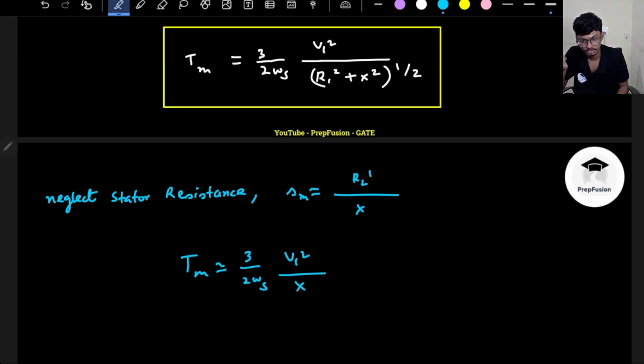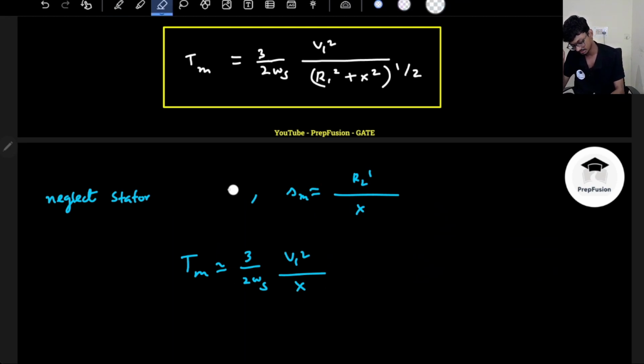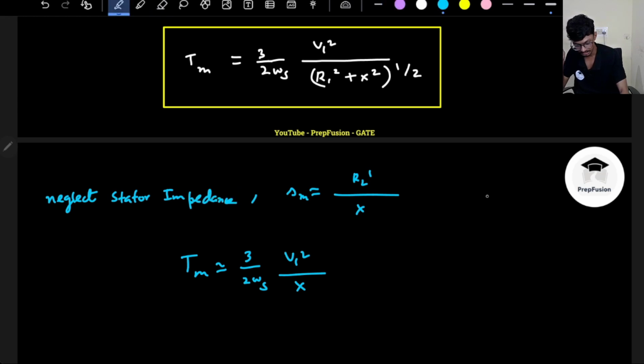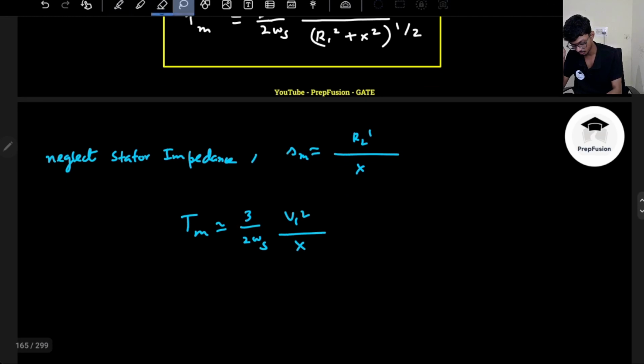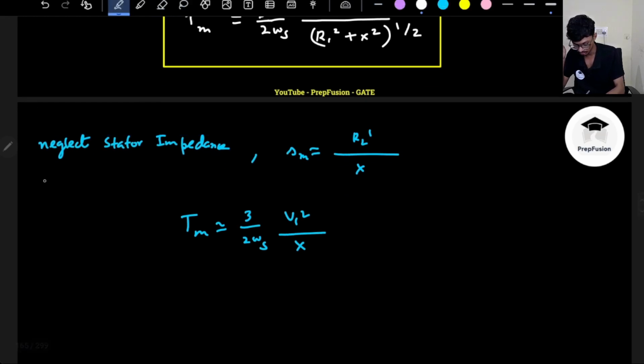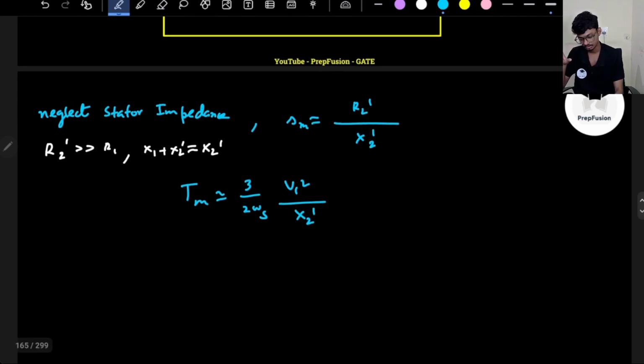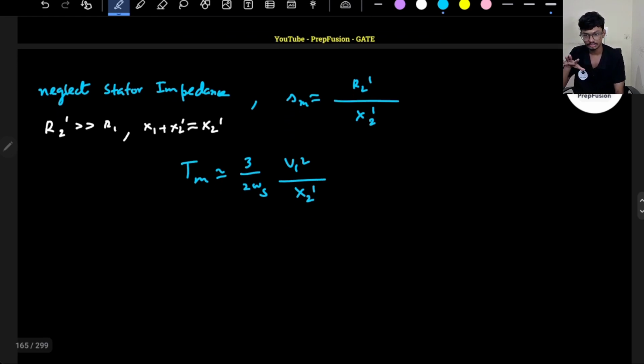And x, again if I totally neglect the stator impedance, that means overall r2 dash will be very very higher than r1, that is the first thing. Next thing is x1 plus x2 will roughly be equals to x2 dash only. So this is another expression that they do, but this is not that important.